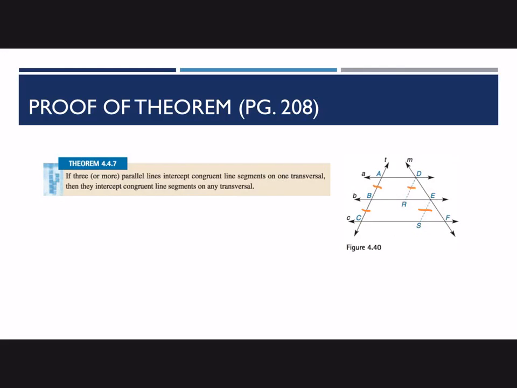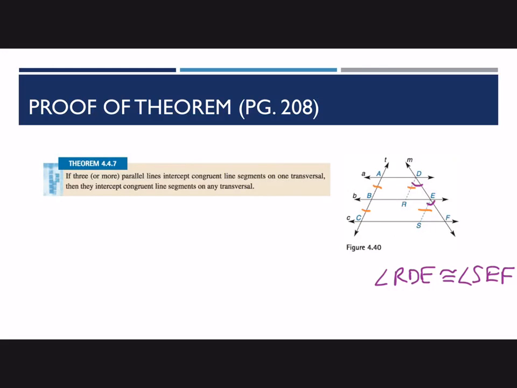So if you look at this angle and this angle, that's angle RDE and SEF. And those are corresponding angles, so we have a postulate or a theorem, I can't remember which, that says that those two are congruent.